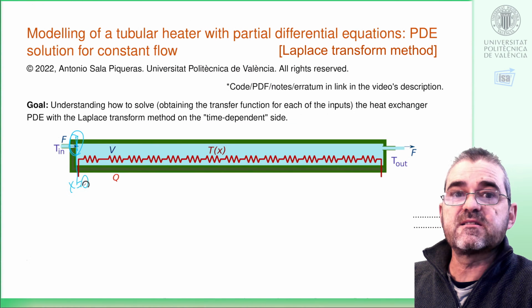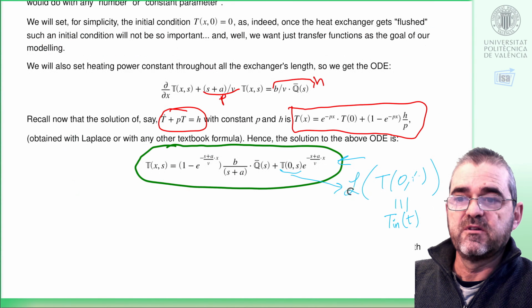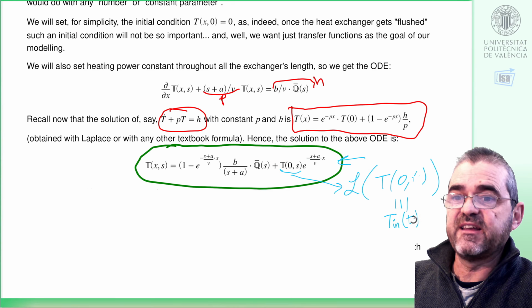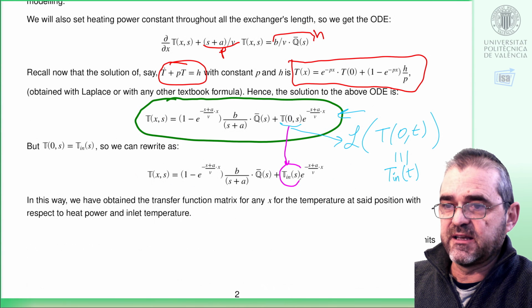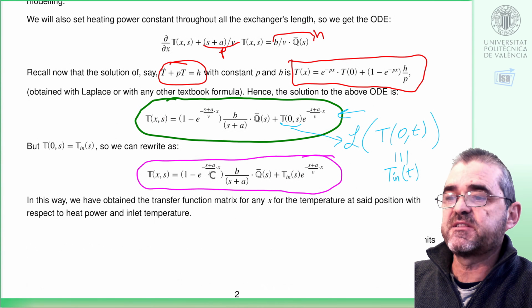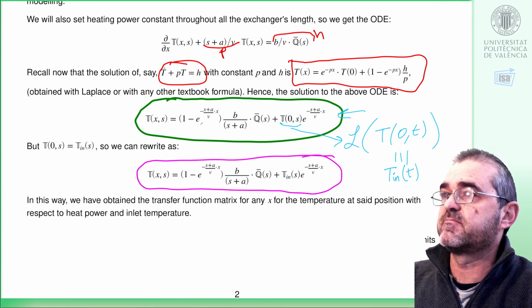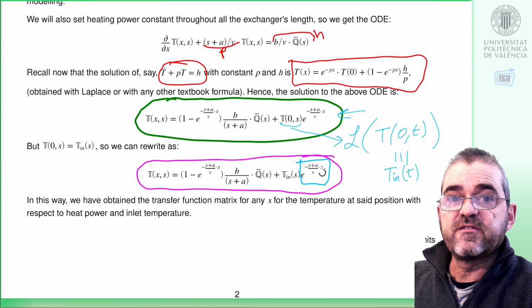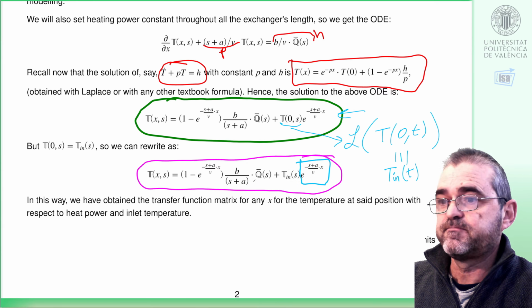So at x equals 0, we are assuming that temperature is the inlet temperature. So this is the Laplace transform of the inlet temperature. Hence, we can replace it like this. So our transfer function representation of the solution to the partial differential equation is finished. This is the transfer function that multiplies the input inlet temperature.